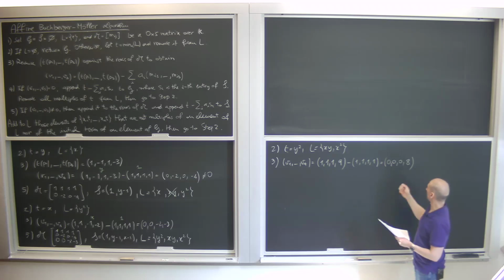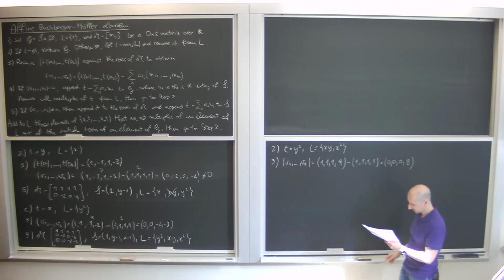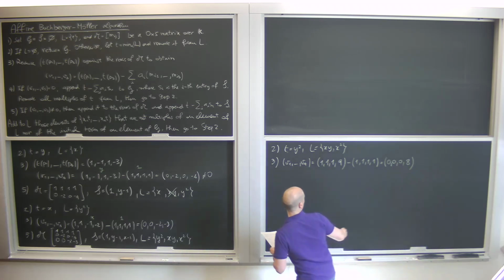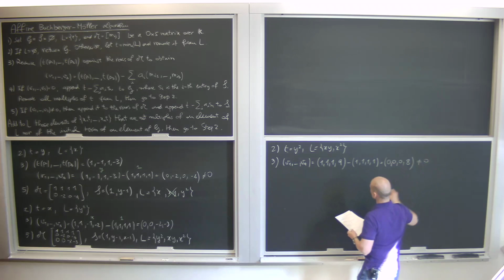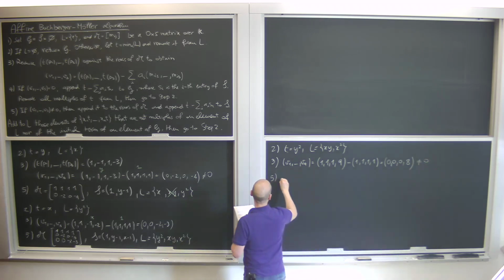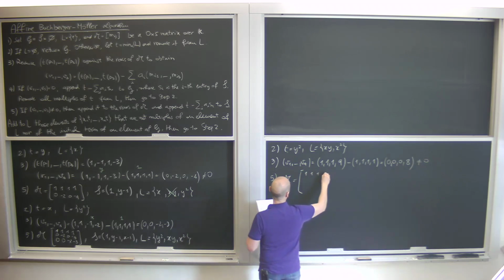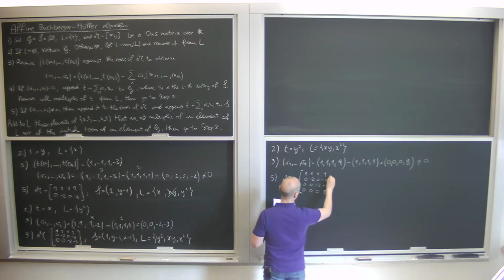But the good news is that after we add this to the matrix M, we won't need to add anything more. So yeah, this is non-zero. So we go to step 5, and our M becomes 1, 1, 1, 1, 0, -2, 0, -4, 0, 0, -2, -3, and 0, 0, 0, 8.